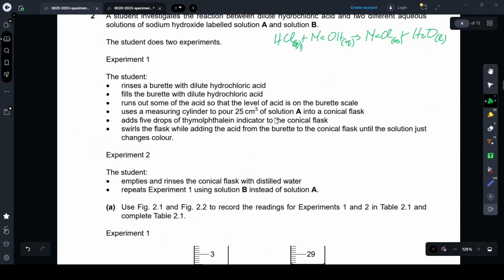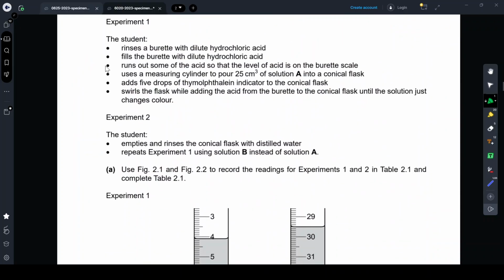Okay, so the student does two experiments. The student rinses the burette with dilute hydrochloric acid, fills the burette with dilute hydrochloric acid, runs out some of the acid so the level of the acid is on the burette scale, so that basically means it's at 0.